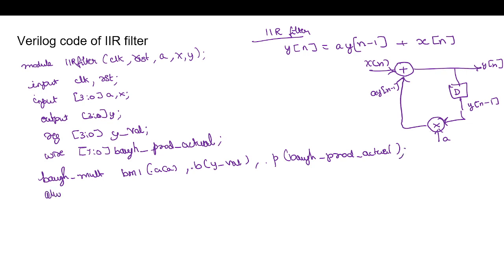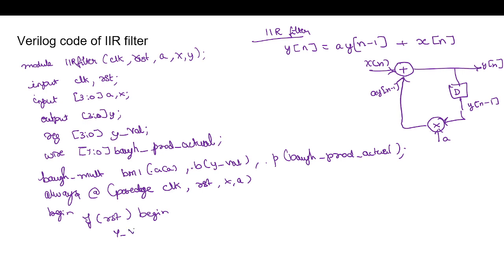Then this D flip flop. Always at the positive edge of clock or reset, if reset, Y value is X, and then end.